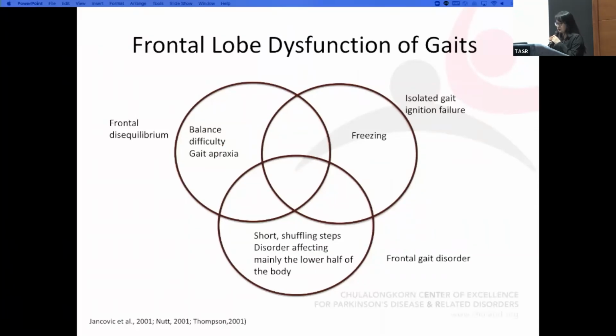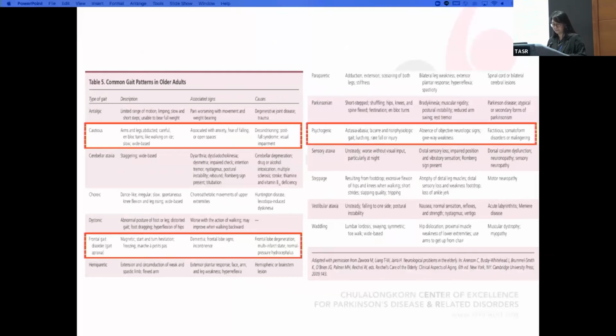For example, patients can first present with gait apraxia, and later shuffling, freezing of gait, and poor balance can be seen. The common gait patterns in adults are frontal gait disorder, cautious gait, and psychogenic gait. I am going to discuss these patterns in my presentation.